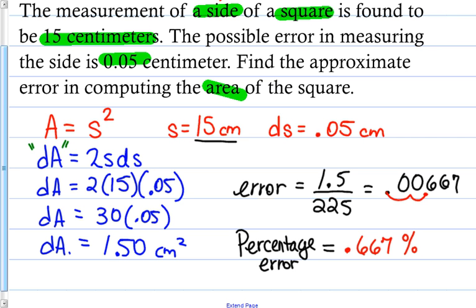Again, I didn't specifically ask for the percentage, I just asked for the error. So the 0.00667, for the purposes of AP classes, you could get away with 0.007. But if I ever do specify percentage, I just need you to make it into a percent. And that is the approximate error in computing the area of the square. Basically, the change divided by the old area.